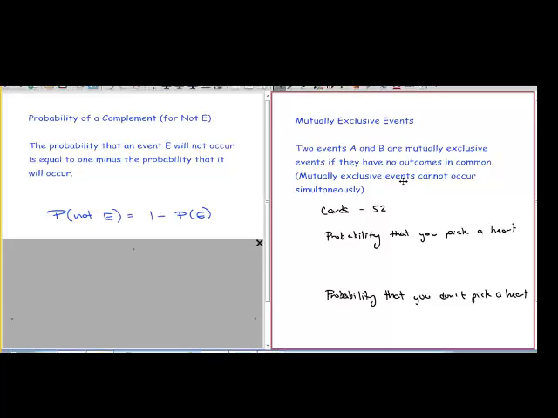Okay, we got the complements counting principle. Yeah, I think it was to do with when two sets were disjoint, meaning that they couldn't both happen together. I know we talked about it in set theory.